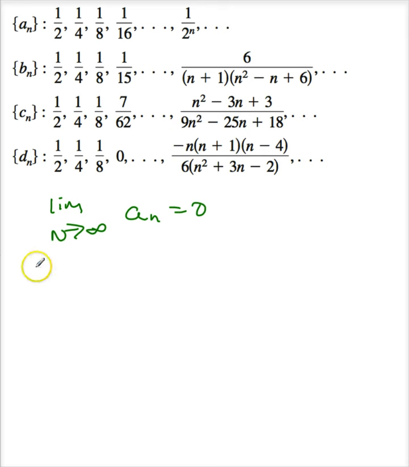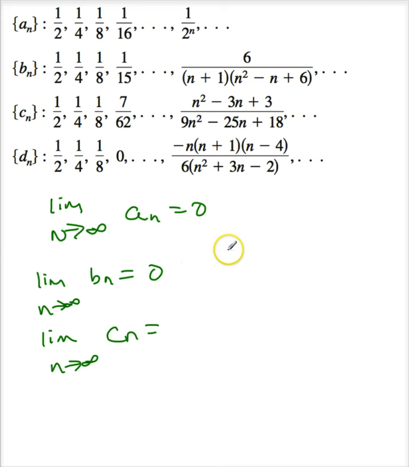While if we look at b sub n, the limit as n approaches infinity of b sub n is also 0. But they're getting there in very different ways. Well, the limit as n approaches infinity of c sub n also converges, but it's going to converge to 1/9.